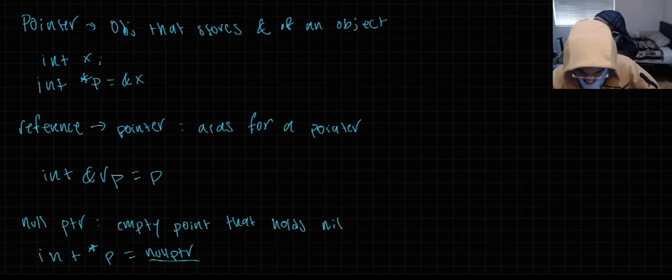We have void pointers as well. Now a void pointer is a pointer that can point to any non-const type. Void pointers cannot be dereferenced because the pointer does not know the type of object that is being stored. Therefore, it doesn't know which operations are allowed on said object.